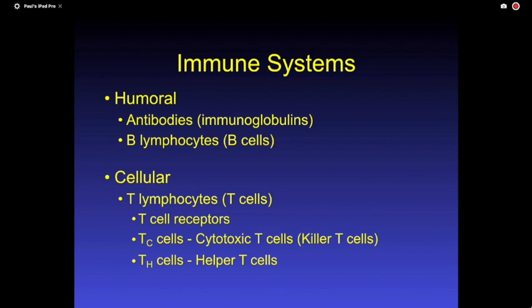The cellular will use what are called lymphocytes, and particularly the T lymphocytes. You may have heard them called T cells. We're going to talk about 2 kinds of T cells, the cytotoxic or killer T cells and the helper T cells. And we're going to talk about the proteins that function in these cells to cause immunity.